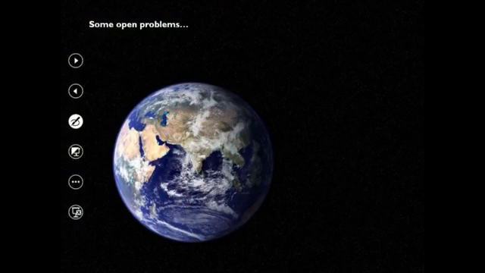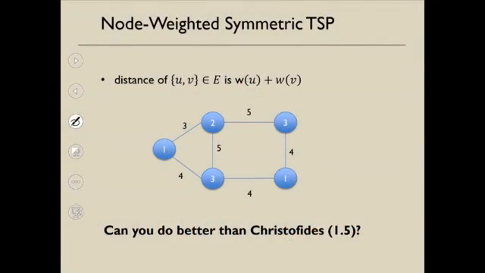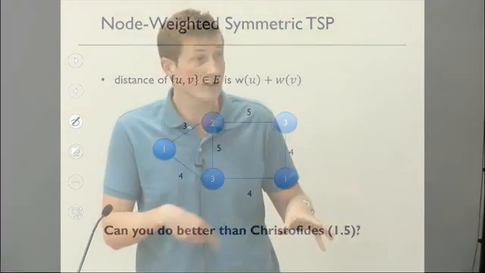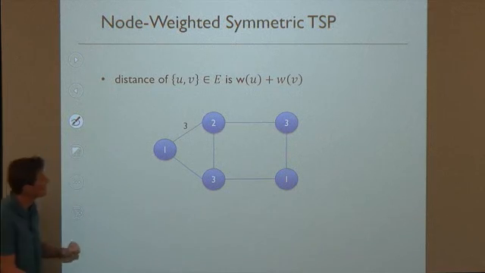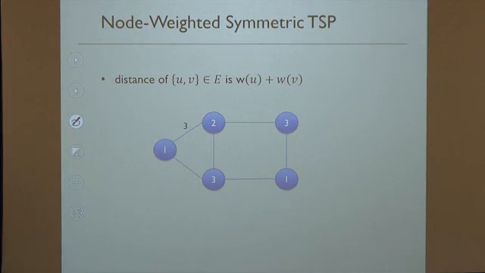Okay, some open problems. Let me finish with this. So we have presented a constant factor for node-weighted ATSP, and I said for shortest path metric for TSP, there is better than Christofides. But what about node-weighted symmetric TSP? That is defined as: I have a weight for each vertex, and the distance of an edge is the sum of its endpoints.